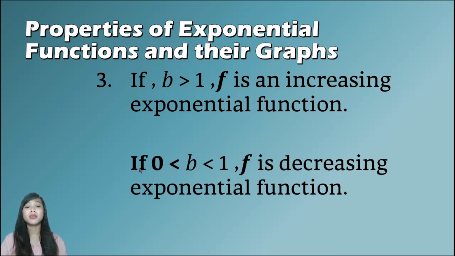And if your b is from 0 to 1, an example earlier is the g of x, wherein your base b is 1/2. So it's in between 0 and 1. So your function is a decreasing exponential function. If you look back at that graph, it is a smooth decreasing exponential curve. So we have the black curve.